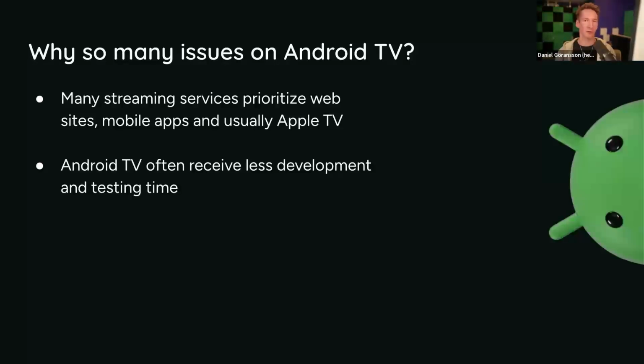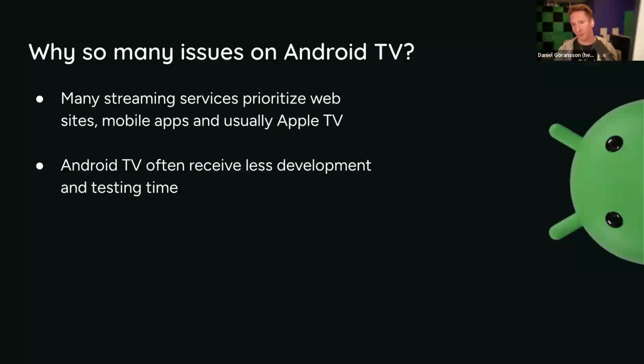That's good, that you're thinking about accessibility. But sometimes it feels like the Android TV app gets a little less development time or testing time. And why is that important?